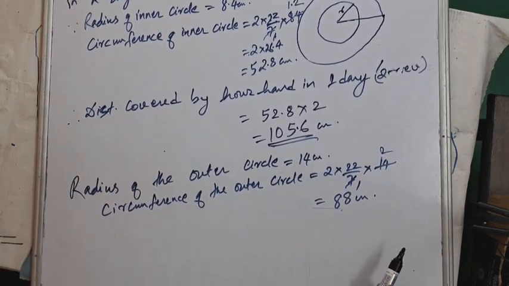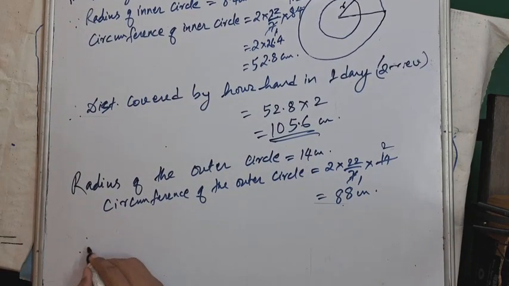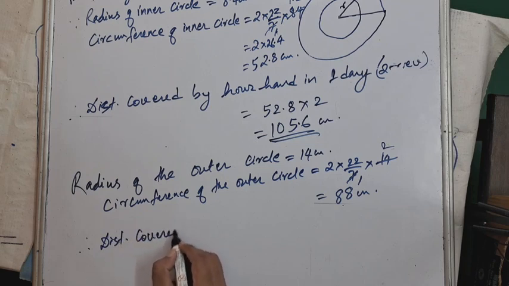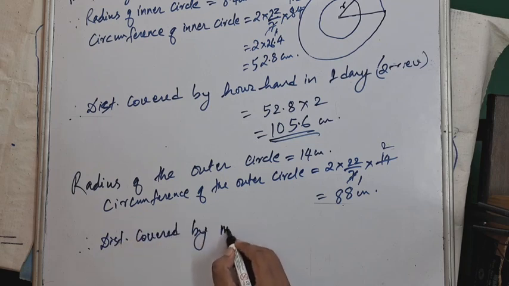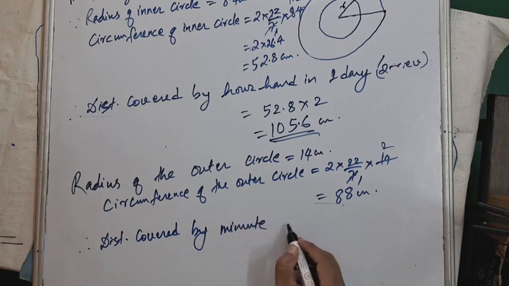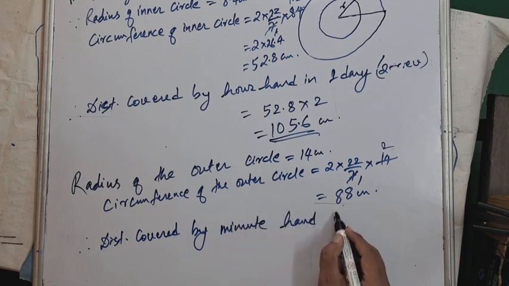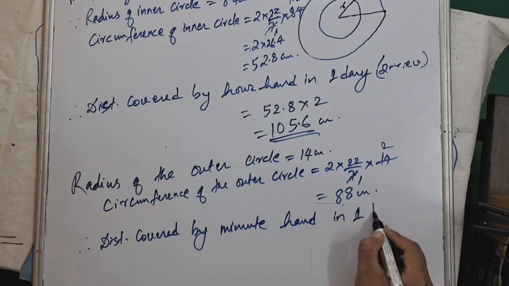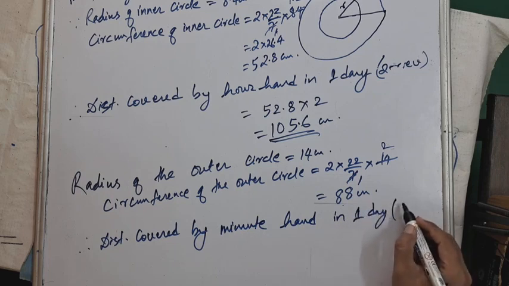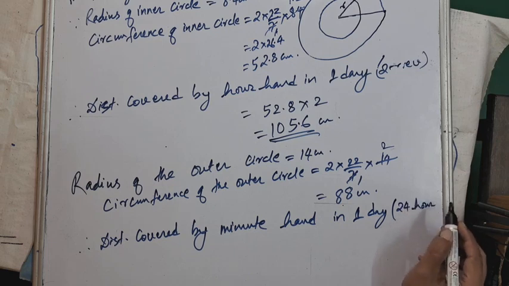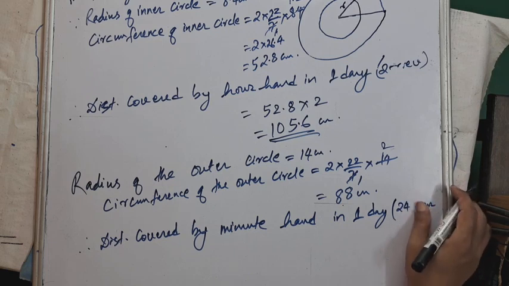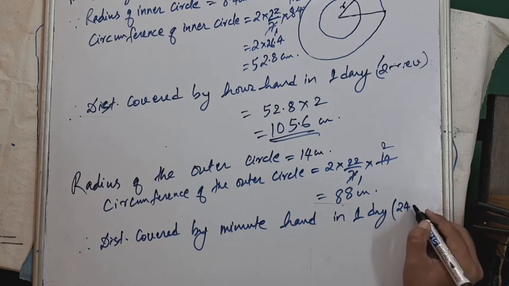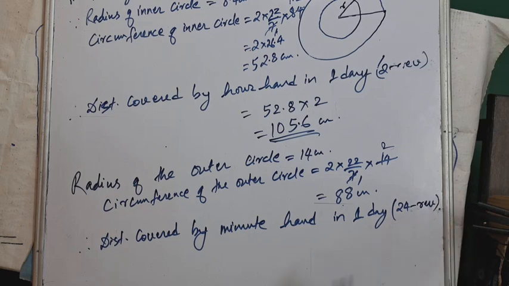So in one day, meaning 24 hours, the minute hand makes 24 revolutions, because one revolution means 1 hour.